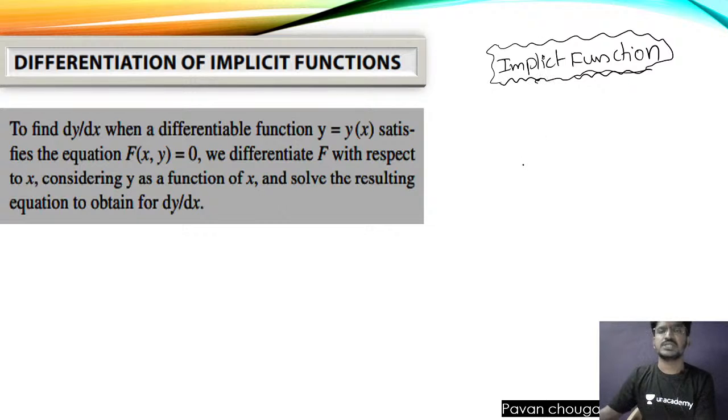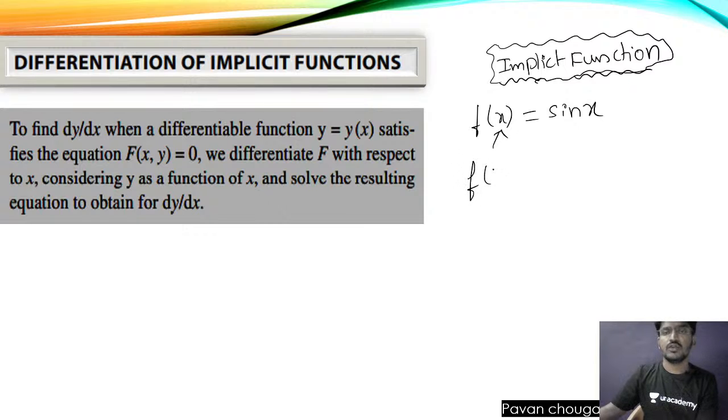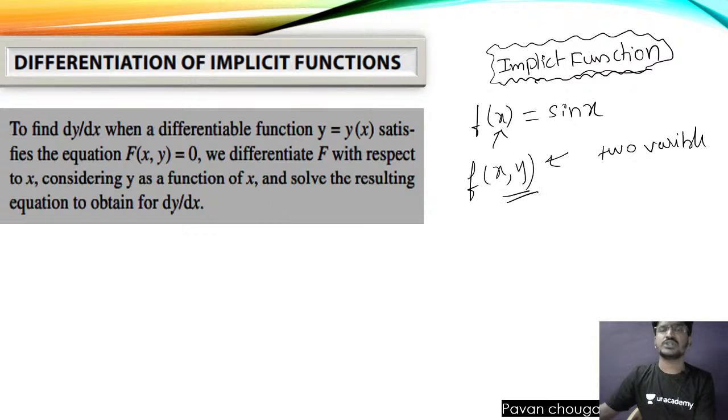See this implicit function. f of x, you all know, has one variable, for example sin x. Now I will write f of x comma y. This is a function with two variables. This type of thing is called an implicit function.